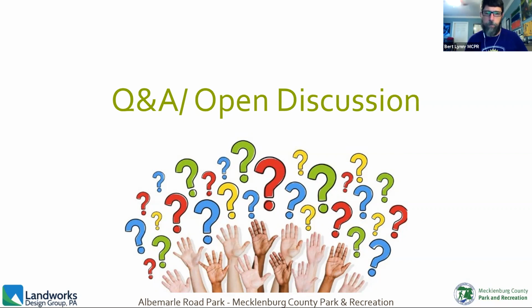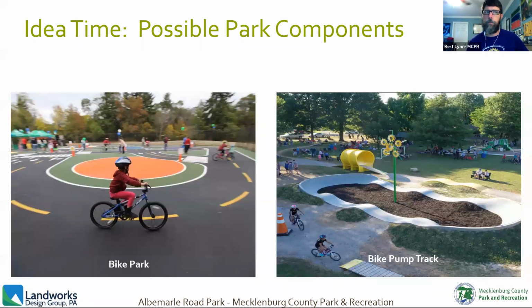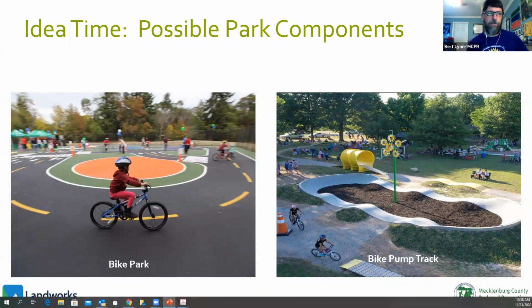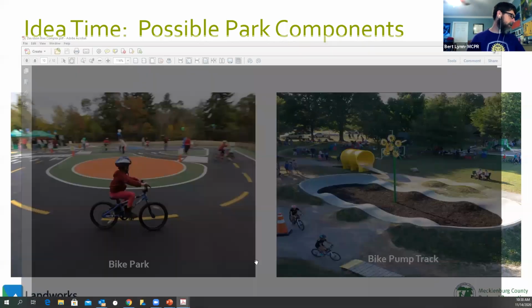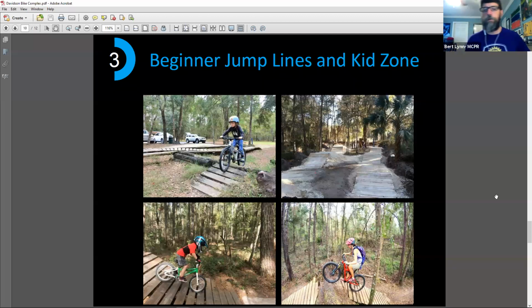So we have one there, but we see a need for more bike parks and smaller pump tracks, to allow us to host some learn-to-ride places and provide a safe place for kids to learn how to ride bikes before they step out onto a greenway or onto the road, within the bike paths and bike lanes that CDOT has put throughout the city.